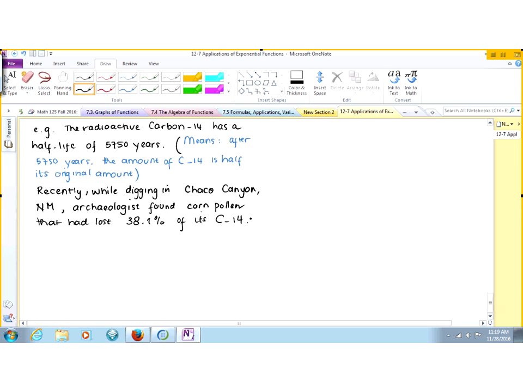So C14 is carbon-14. It's talking about the Indians having been cultivating crops in the southwest centuries earlier than scientists had thought. What was the age of the pollen? So archaeologists want to know how old they are.